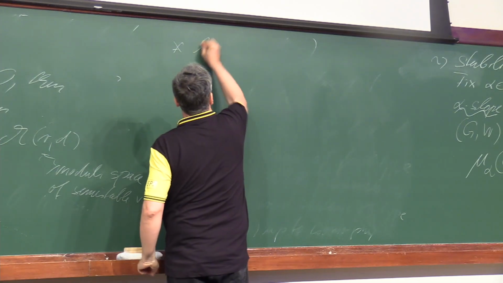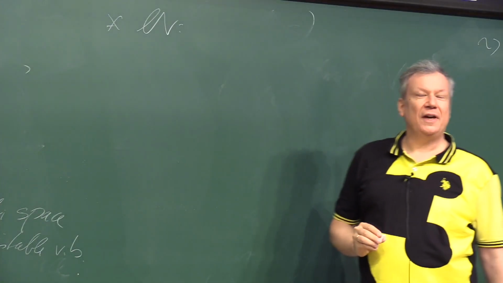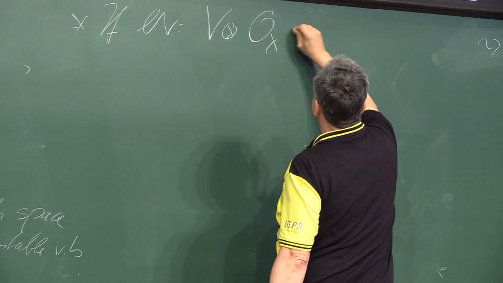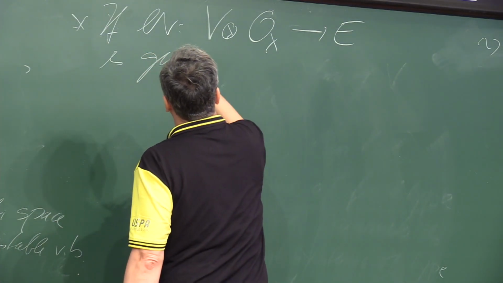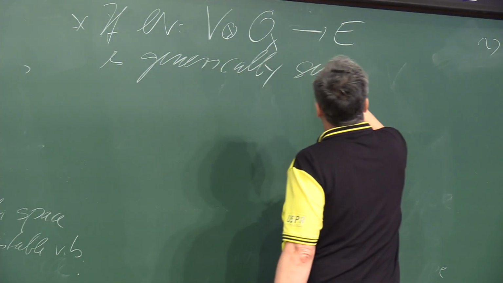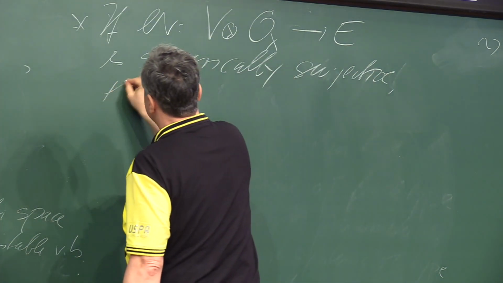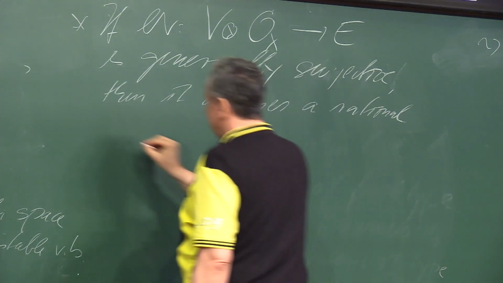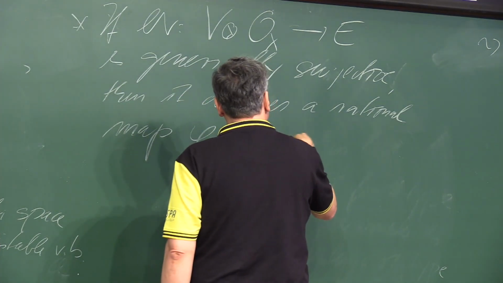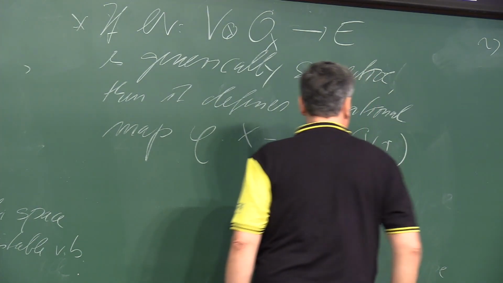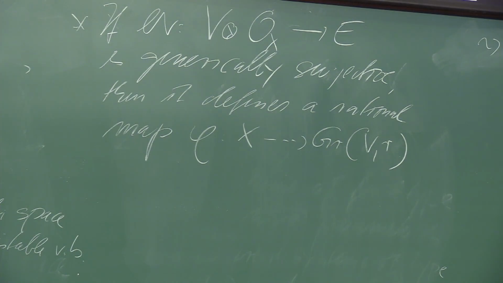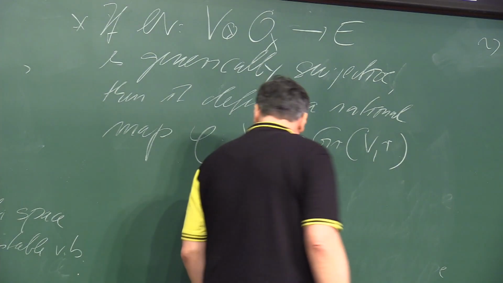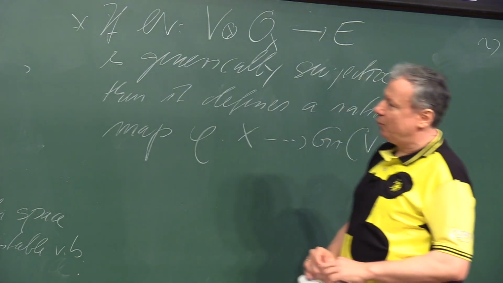If you have a coherent system, then V is the space of global sections of E. So you can look at the evaluation of global sections on E. So if this is generically surjective, then it defines a rational map Phi from X to the Grassmannian of R-dimensional quotients of V. So morphisms, in particular morphisms from X to Grassmannians, are described by coherent systems, so they also have some applications to the projective geometry of the curve.